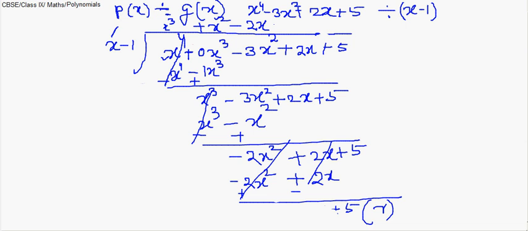But the remainder theorem says if any polynomial p(x) has degree greater than or equal to 1, that means it cannot be a constant, and this p(x) is divided by a linear polynomial, suppose x minus a, where a is a real number, then the remainder will be p(a).